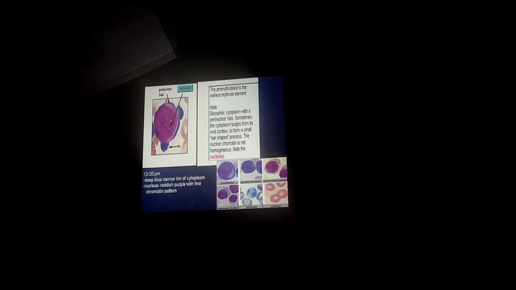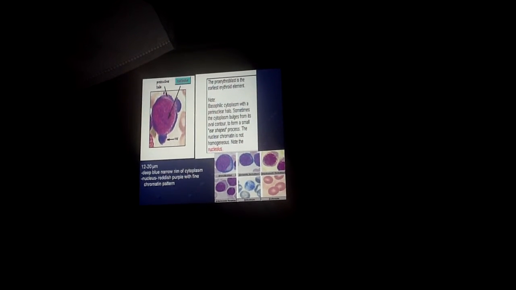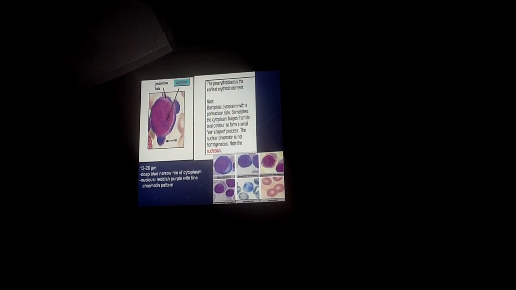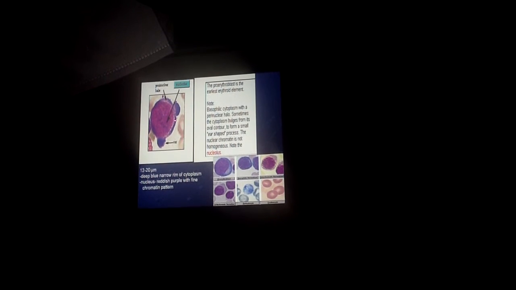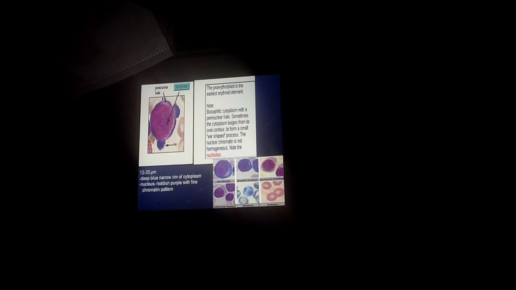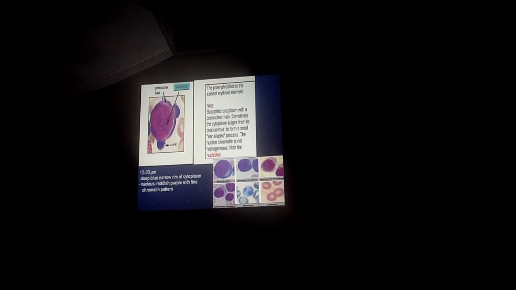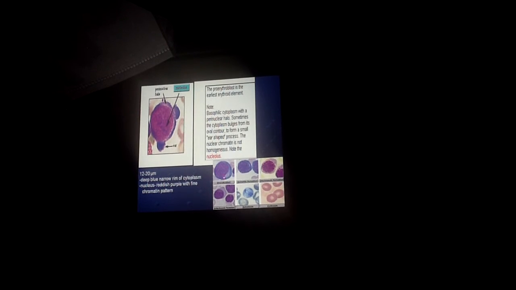So, very large nucleus with fine chromatin, just like the myeloblast. However, we will not be able to appreciate the nucleoli. So, aside from the absence of the nucleoli, the proerythroblast will have a very dark colored or basophilic cytoplasm with perinuclear halo. Ang pinaka-distinct characteristic ng proerythroblast, however, not all proerythroblast will possess this feature, is the earlobe protrusion of its cytoplasm and plasma membrane.